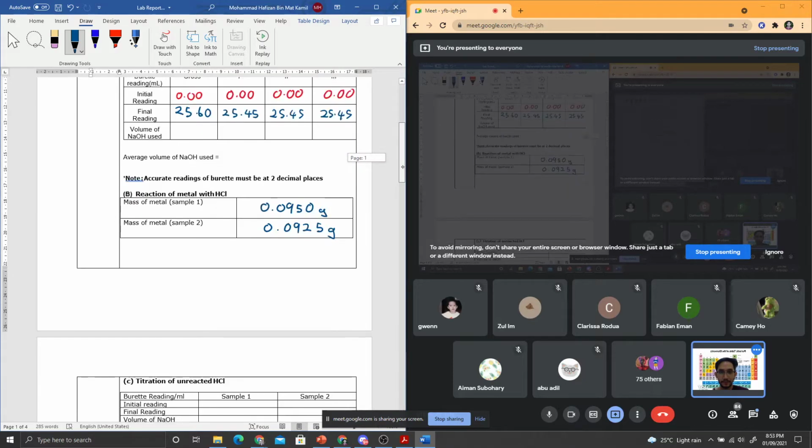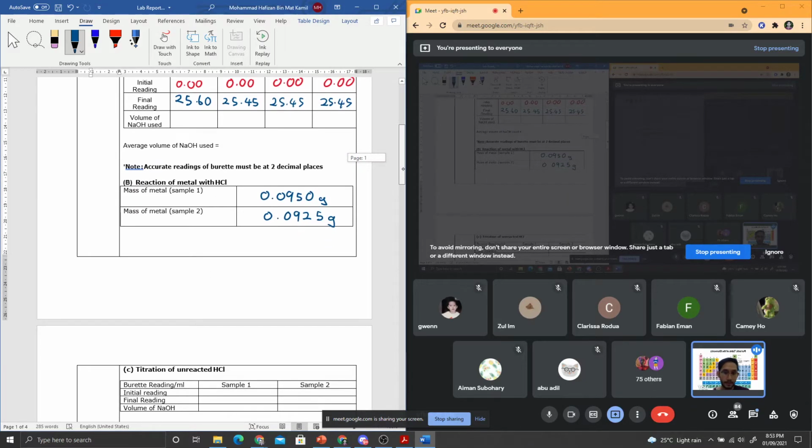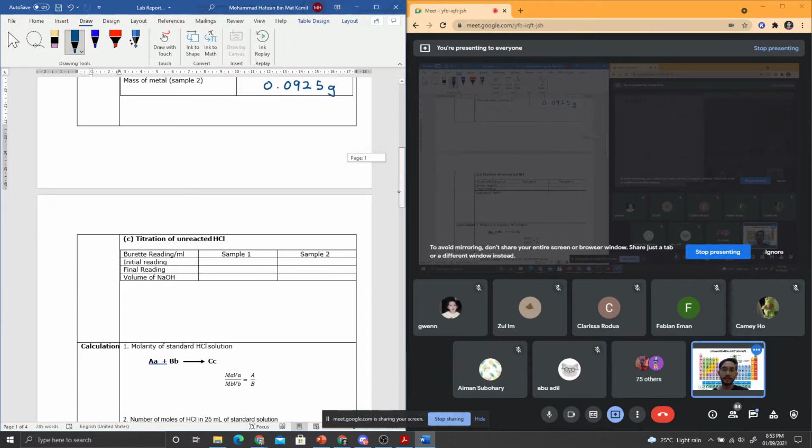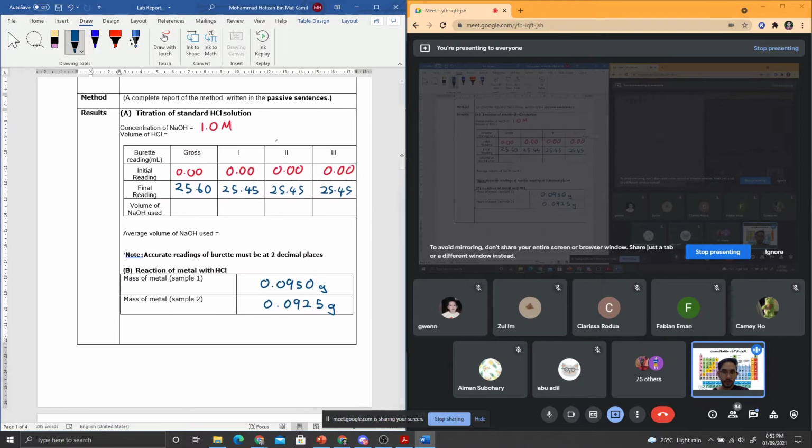Okay, and then the mass of the metal we get. For the standardization of HCl, the first thing you do is look at the HCl you have, the one you got, and see how many moles it has. Okay, the lab assistant gives you HCl, and you want to see how many moles it has.